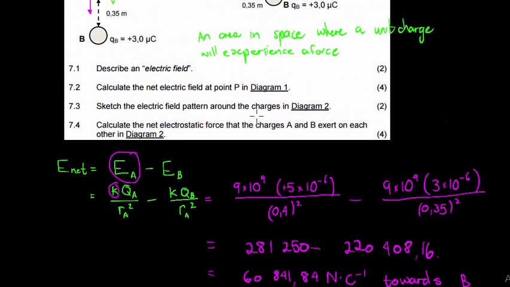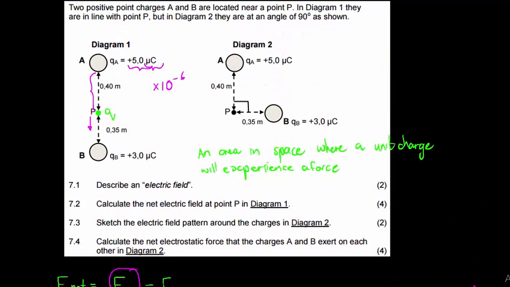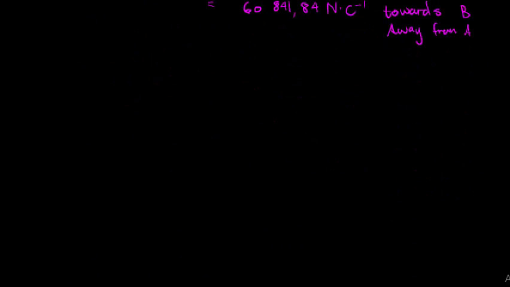Sketch the electric field pattern around the charges in diagram 2. In diagram 2 we've got the same charges: charge A here and charge B here.